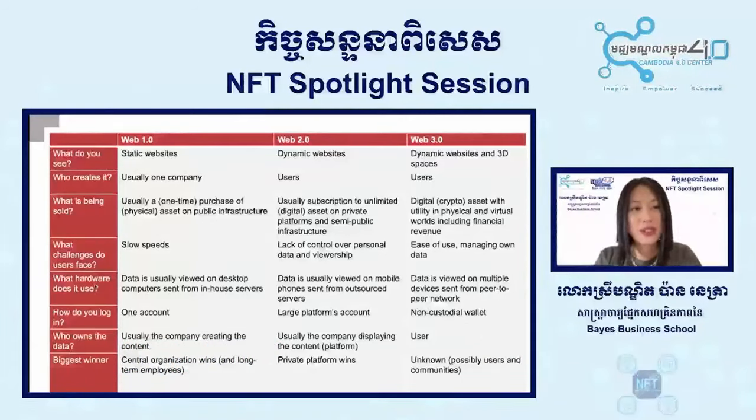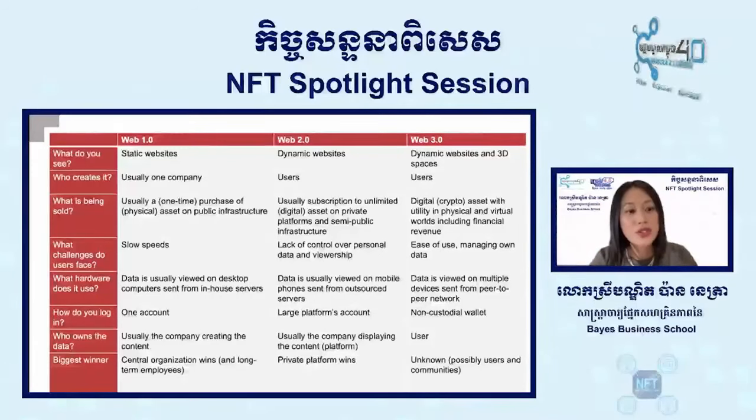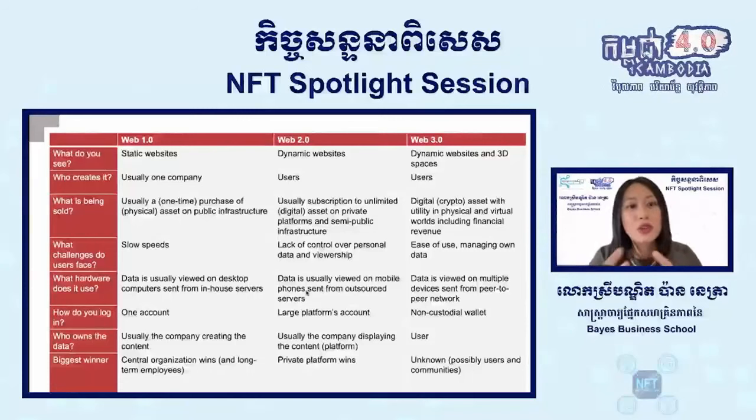Now, what hardware does it use? This will be really exciting for any developers or engineers that are listening. While in the past, we could use outsourced servers like Amazon Web Services, this still represents what we call a centralized solution, meaning that if for some reason Jeff Bezos gets all of his assets confiscated and Amazon goes down, then we've lost all our data.